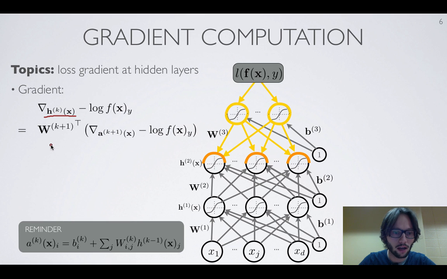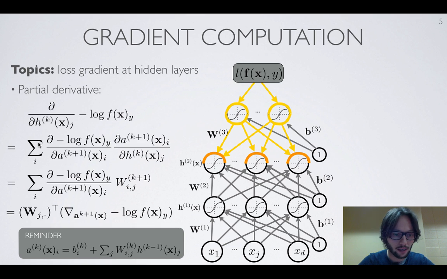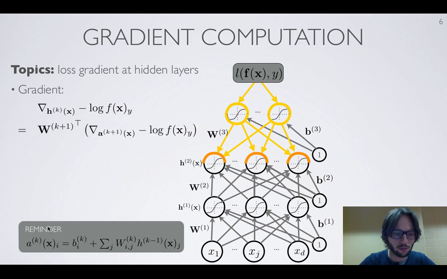And so if we go back to this formula here, we had a dot here and a j here. By taking the transpose, it means that we're multiplying by this row vector, and this row vector would correspond to the jth row vector of the transpose of that matrix.